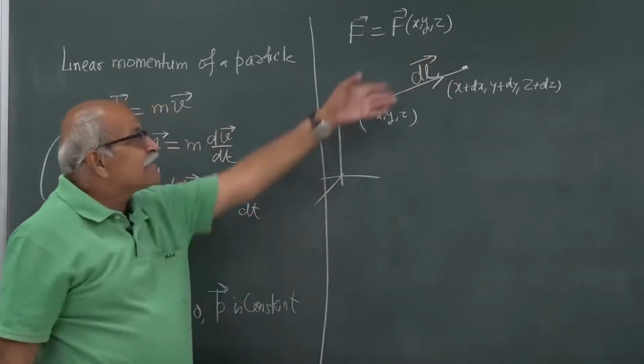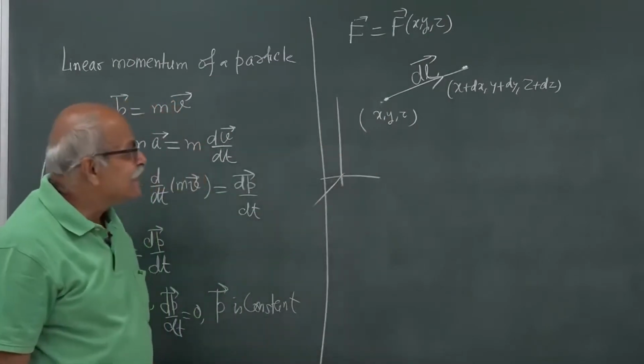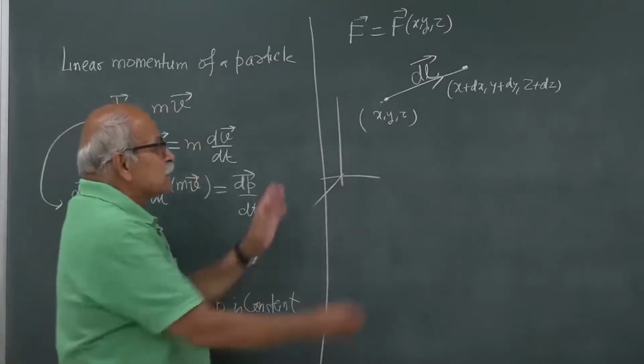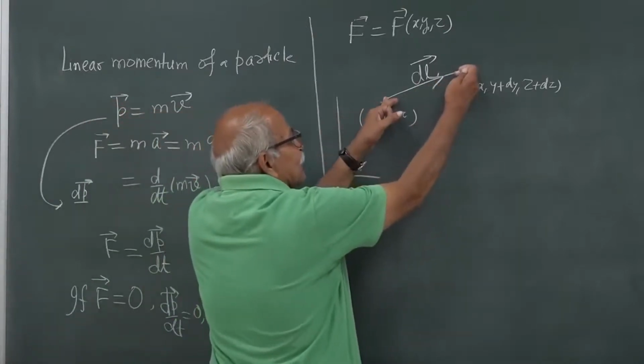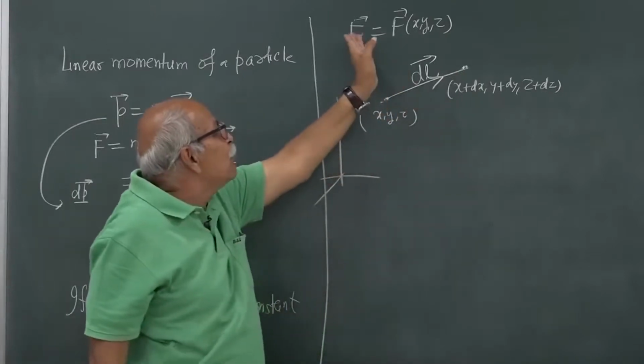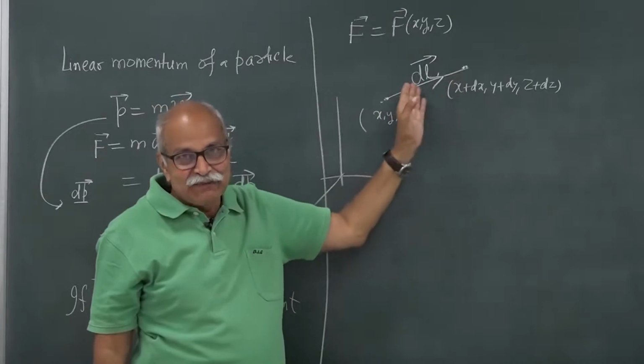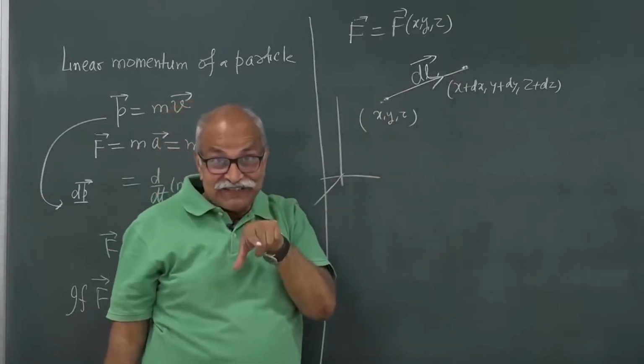People also call it the dr vector. This is a small line segment, and we assume that the variation of x within it is infinitesimally small. That is how calculus works.